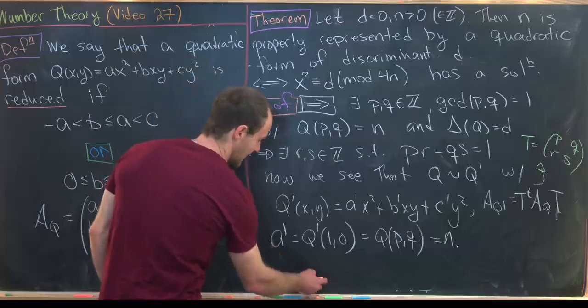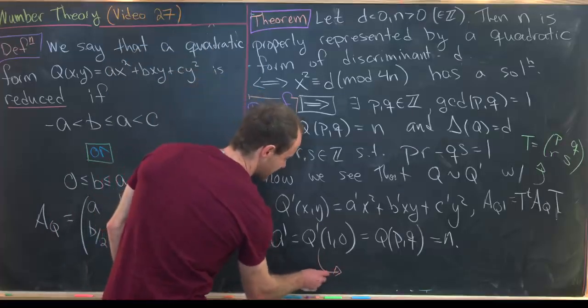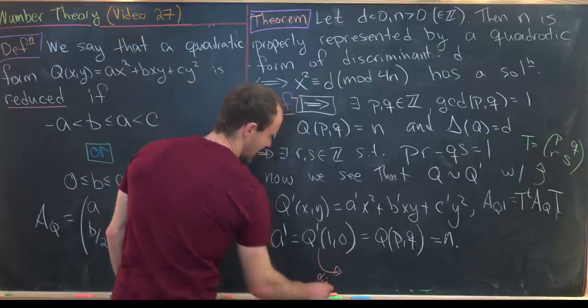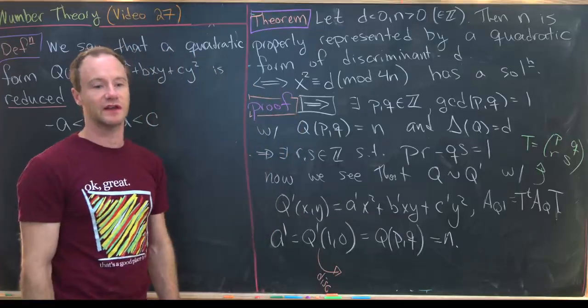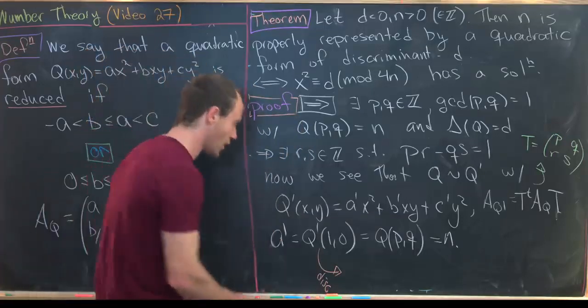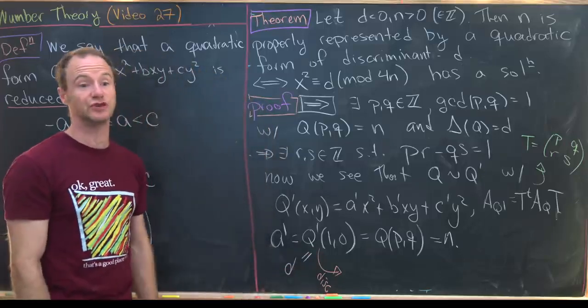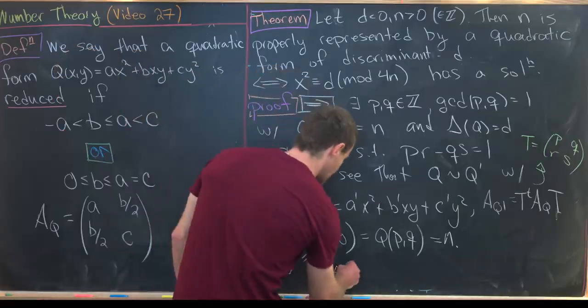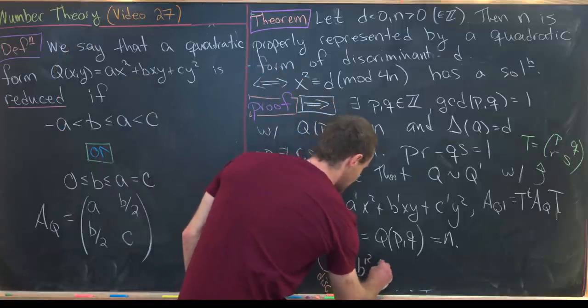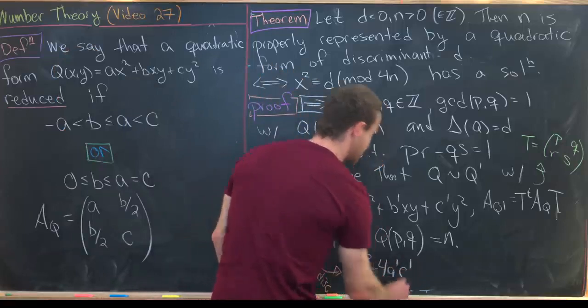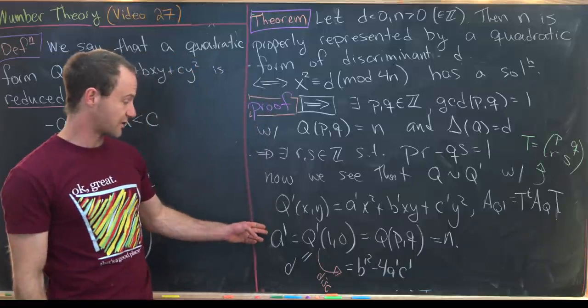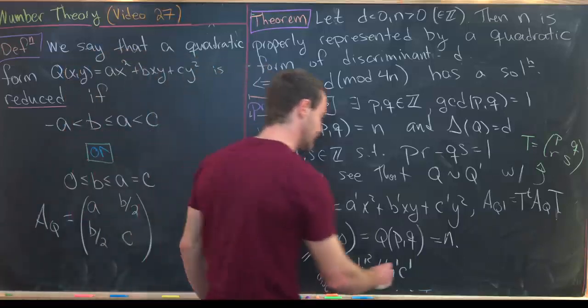But now let's go ahead and calculate the discriminant of this. So I'll just put DISC to say that we're calculating the discriminant. So on the one hand, it's the same thing as the discriminant of Q, which is equal to D. But on the other hand, it's equal to b prime squared minus 4a prime c prime. But from this formula right here, a prime is equal to n.